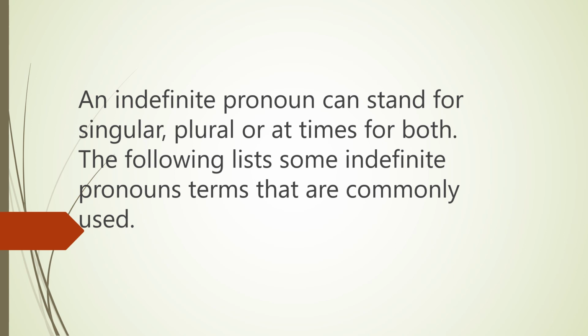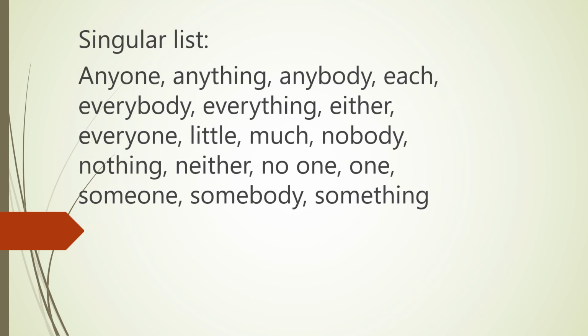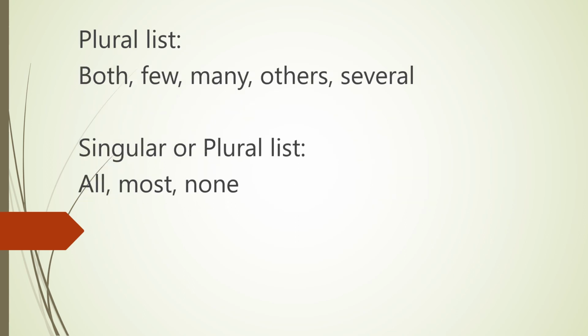An indefinite pronoun can stand for a singular or a plural form, or at times for both. The following lists some indefinite pronoun terms that are commonly used. The singular list: anyone, anything, anybody, each, everybody, everything, either, everyone, little, much, nobody, nothing, neither, no one, someone, something.